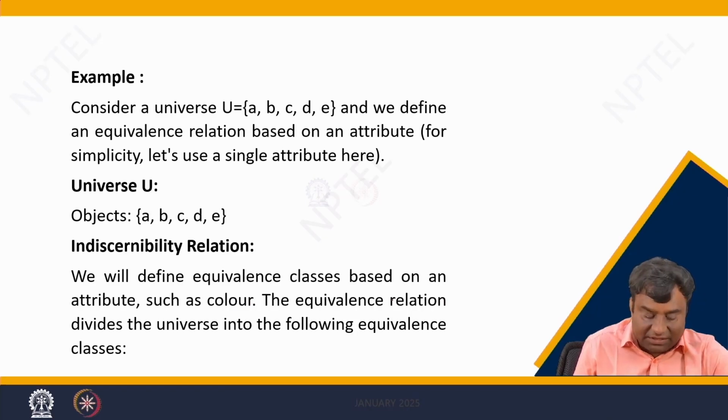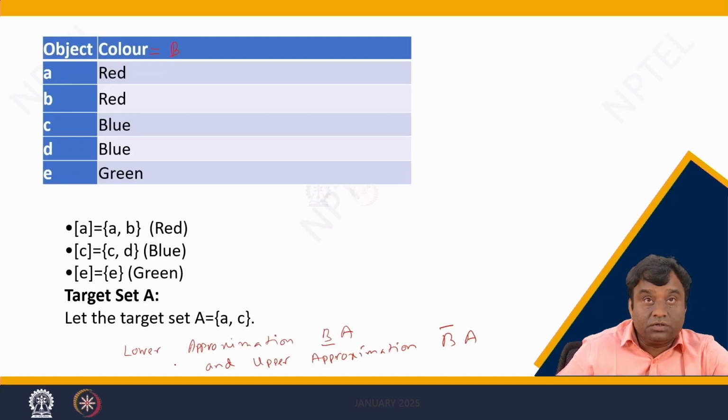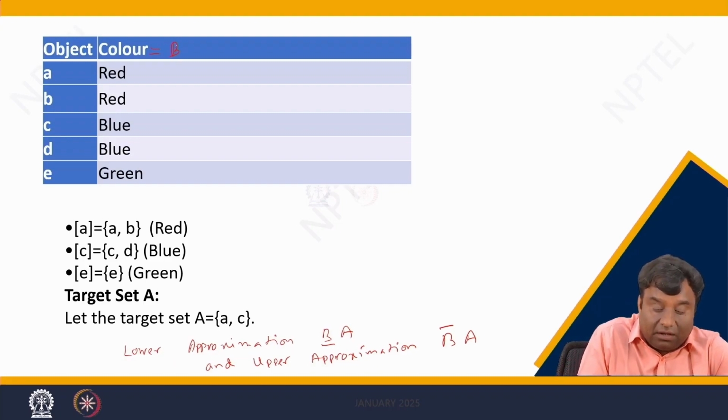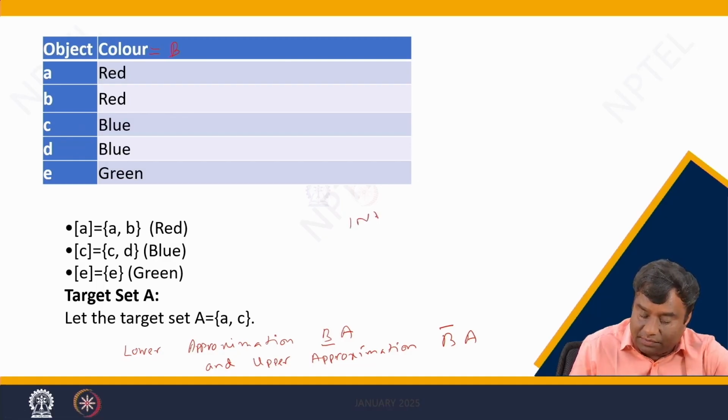The equivalence relation divides the universe into the following equivalence classes. So this is the color, the attribute is B, we are assuming. Objects A, B, C, D, E. Color is red for A, B, blue for C, D, and green for E.